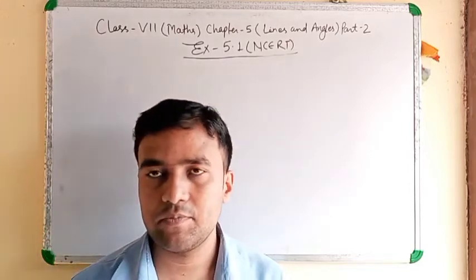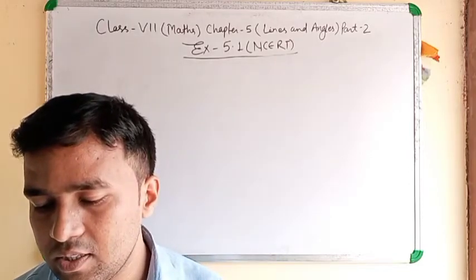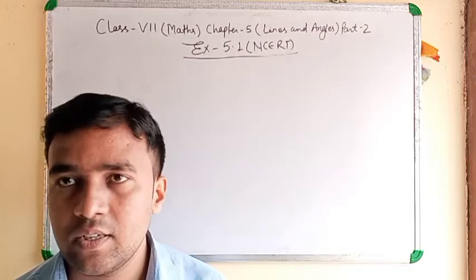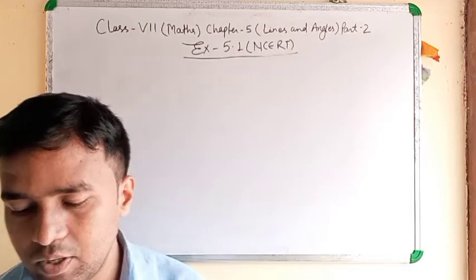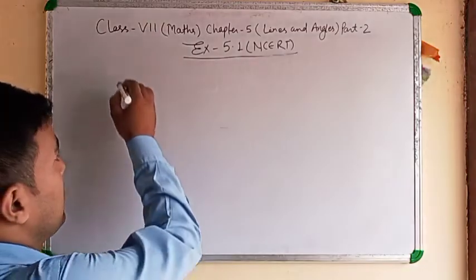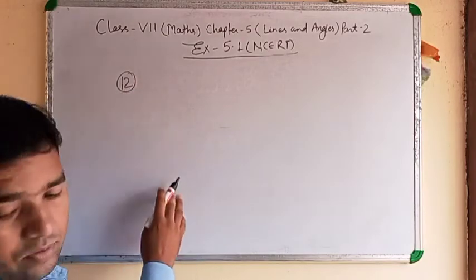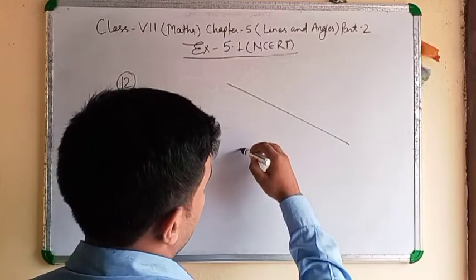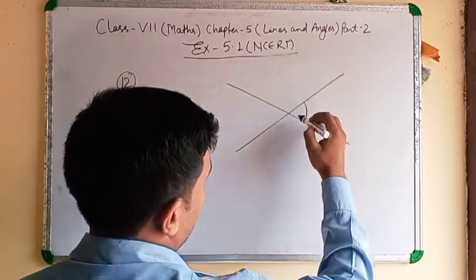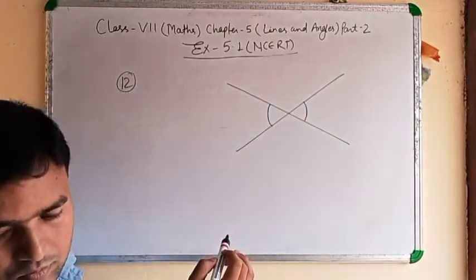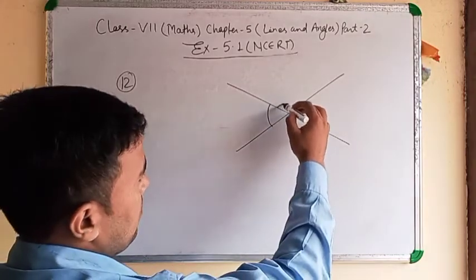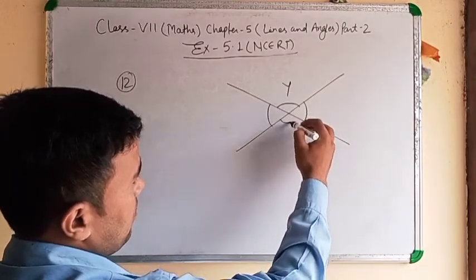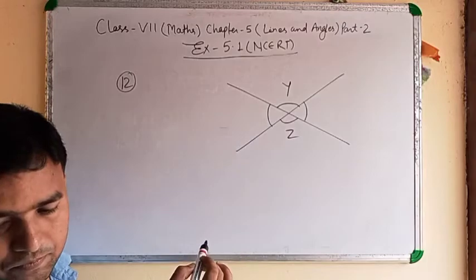Question number 12: find the value of the angles x, y and z in each of the following. Clear?